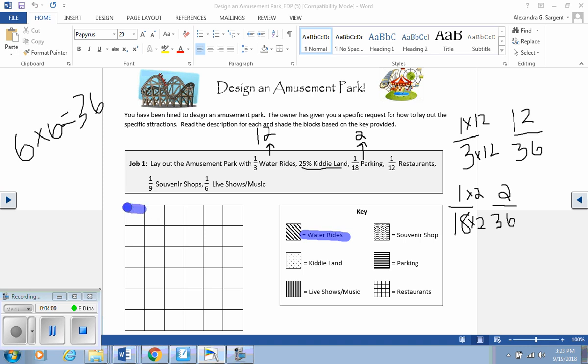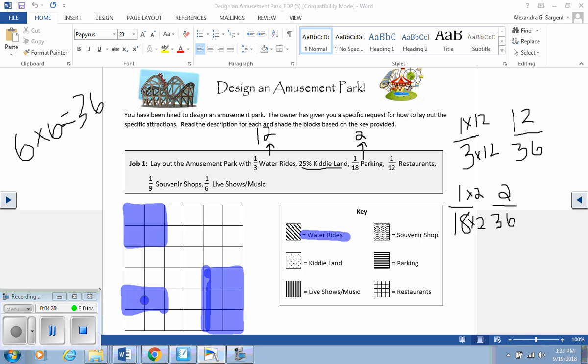So let's say maybe I want to put a group of water rides over here. So that's 4. And maybe I want a little water park over here. And then just do some over here. So there are my water rides.